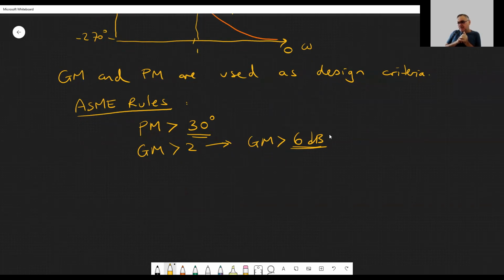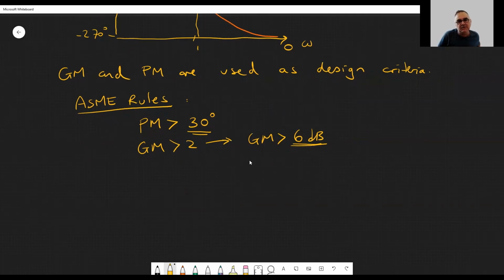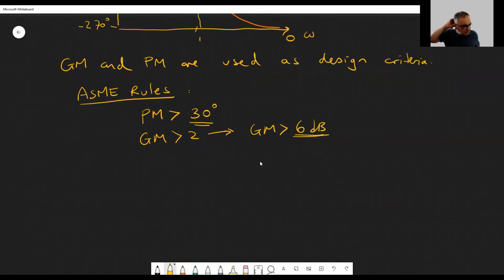As I said, at this point they look very abstract and you don't know what to make of it. But as you work on these things, they will have more meaning. Okay, these are empirical rules, just as you have in the tuning of Ziegler-Nichols design, tuning of PID controllers.